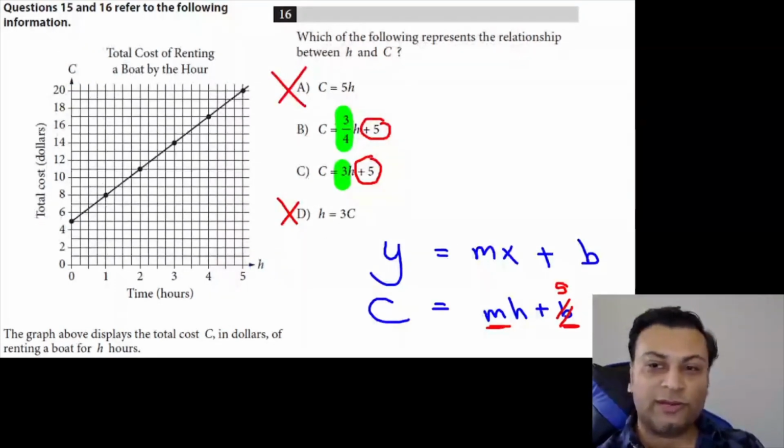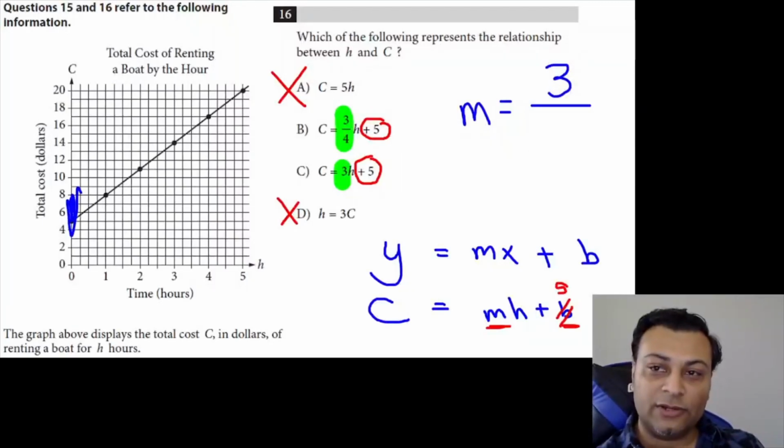We have to be very careful because the slope is rise over run. So let's start with here and go to here. And you can see that the rise is 3. It goes from 5 to 8, so the rise is 3. So the slope is rise over run, where the rise is 3. But the run, let's be very careful because it looks like the run is 4, but that's not true.